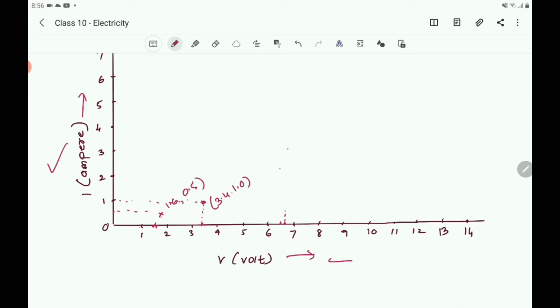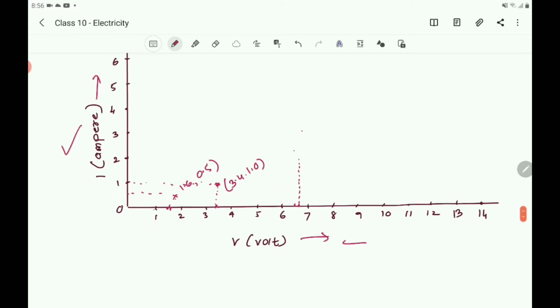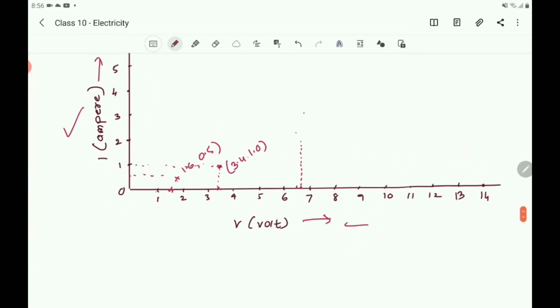We go straight to reach here, then here is 2, so you can have the point here, that is 6.7 and 2.